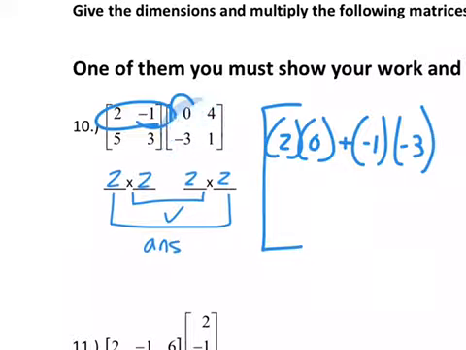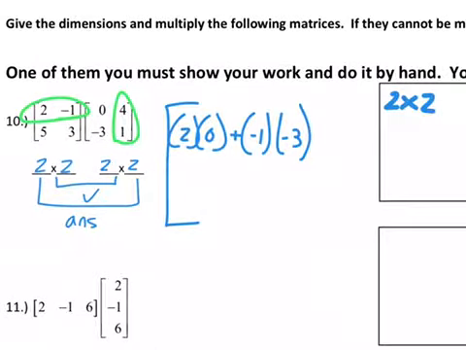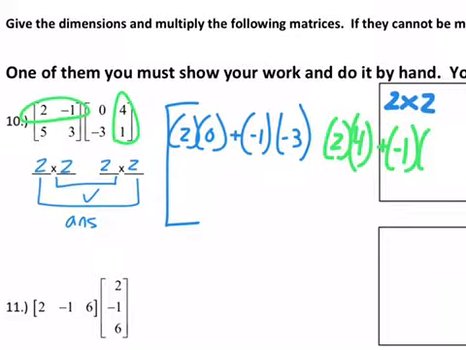There we go. Okay. Now we're going to take a look at our next combination. So I got this row by this column. And so that will be, we've got a 2 times 4 plus a -1 times 1.